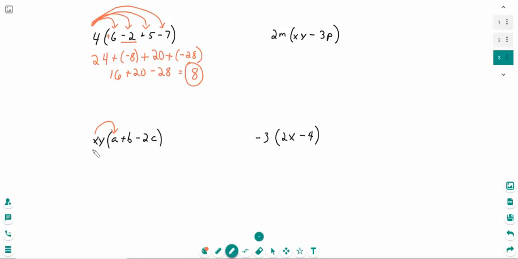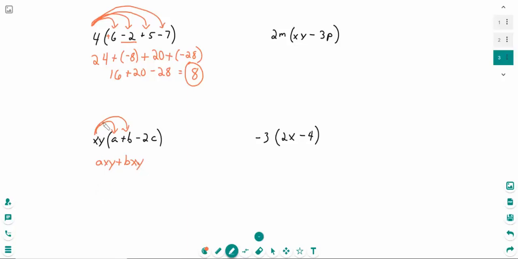So we're going to multiply this xy by each term inside the parentheses. So xy times a, well, we don't know, so we're going to write that as an indicated product, but we're going to write it correctly in alphabetical order. We're going to put the a first: a, x, y. Then we have plus xy times the next term, which is the positive b, which, if we put it in alphabetical order, is going to be bxy.